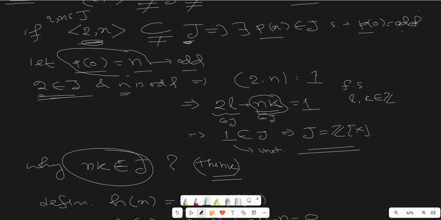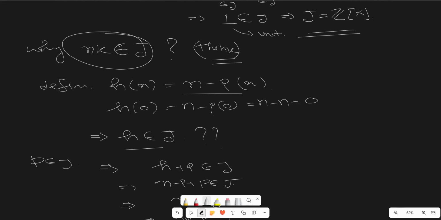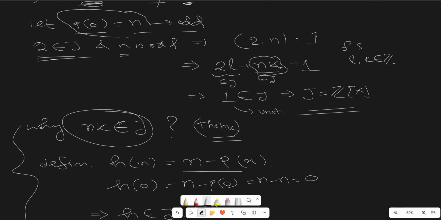But why nk is inside J, I have given you the explanation, right? So 2l plus nk equals 1. This is inside J, this is inside J, so 1 must be inside J, because this plus this equals 1 and addition is closed. So 1 is inside J. So 1 is a unit. If J contains a unit, J will be the entire Z[x].